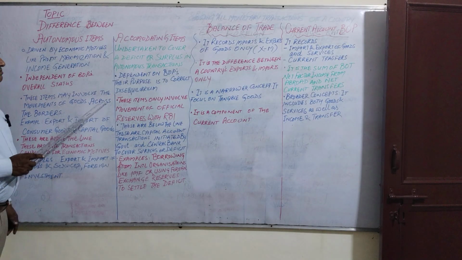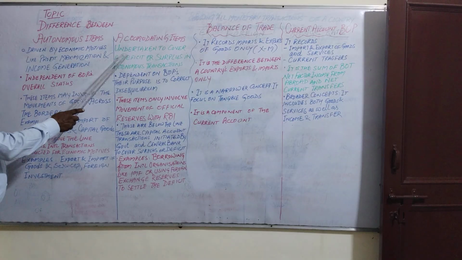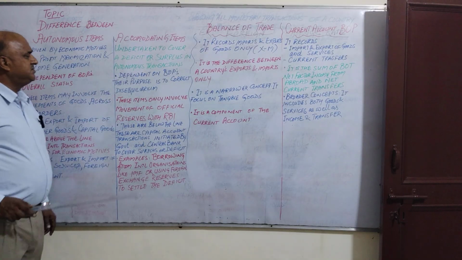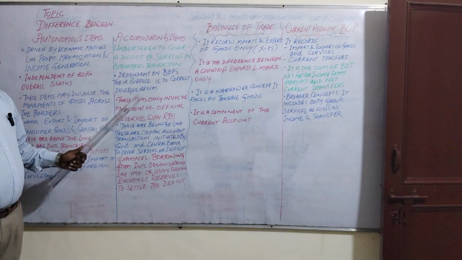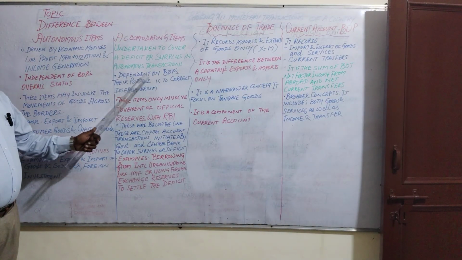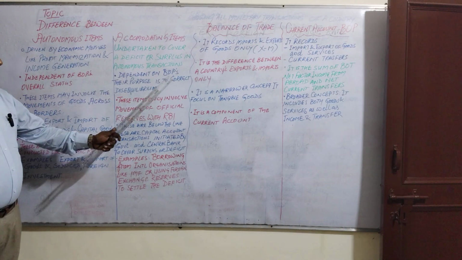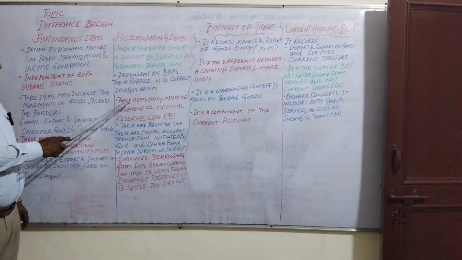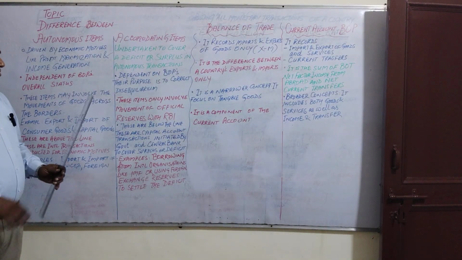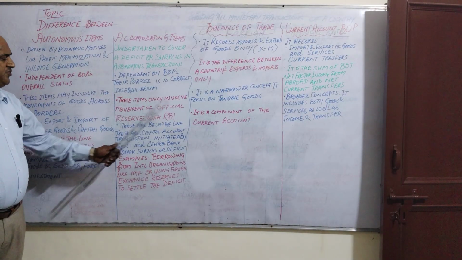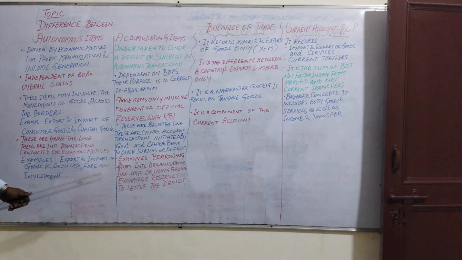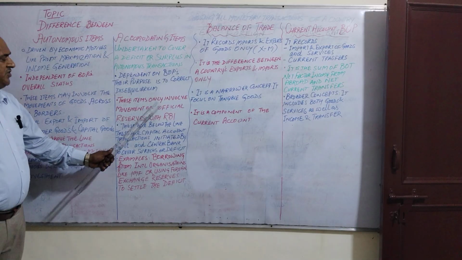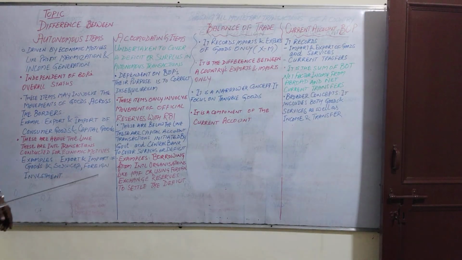On the other hand, accommodating items are undertaken to cover a deficit or surplus in autonomous transactions, dependent on BOP. Their purpose is to correct disequilibrium, restore the imbalance. These items only involve movement of official reserves with RBI.